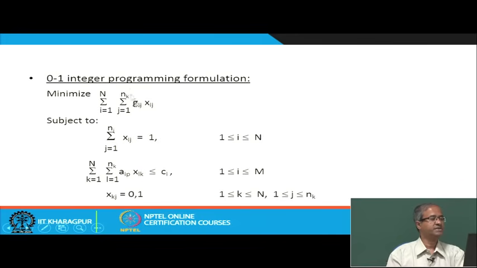It can be summarized as follows: minimize this objective function subject to this condition which says only one of the Steiner trees for each net we are choosing. This says that for each boundary I, the number of nets crossing should not exceed C I, and x k j, these are all binary values.